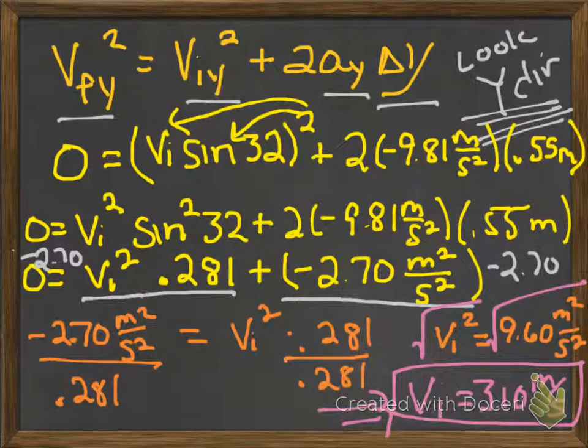Now, even though the problem didn't ask for it, we could step this up and find the time that it would take for the fish to reach the waterfall. Because now we know the initial velocity and we know the direction, and we can calculate the velocity in the x direction, and by doing all of that we can actually calculate the time it would take. So let's write down what we know.